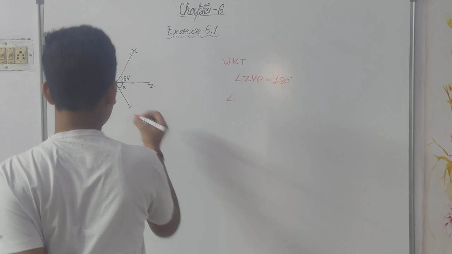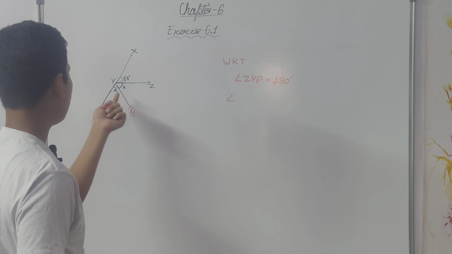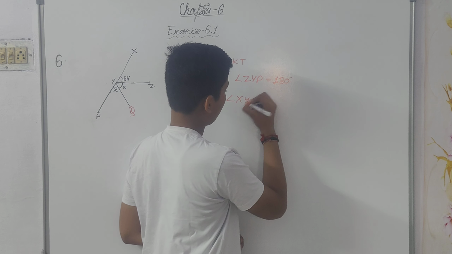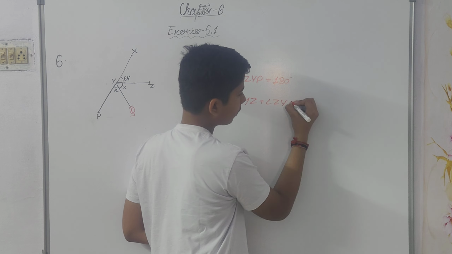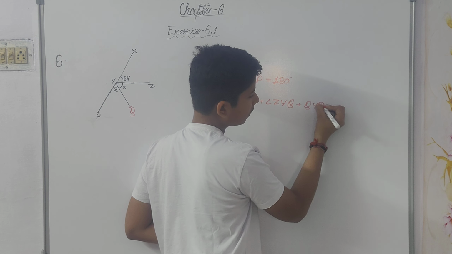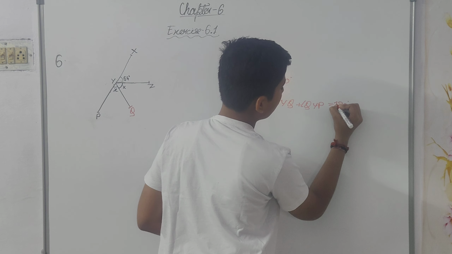Yes, this is Q. So XYZ plus ZYQ plus QYP equals 180 degrees.